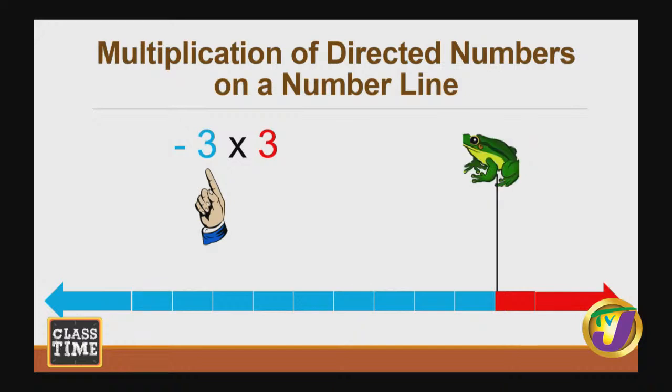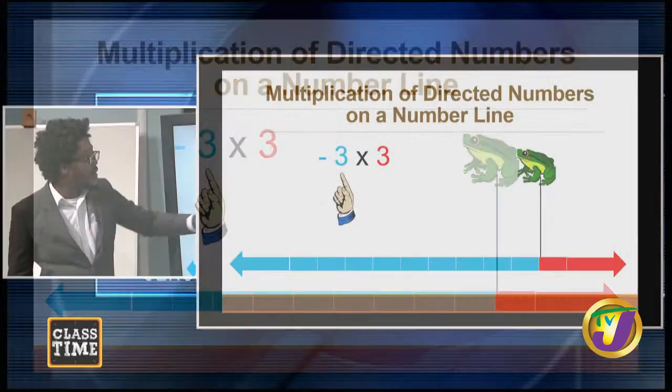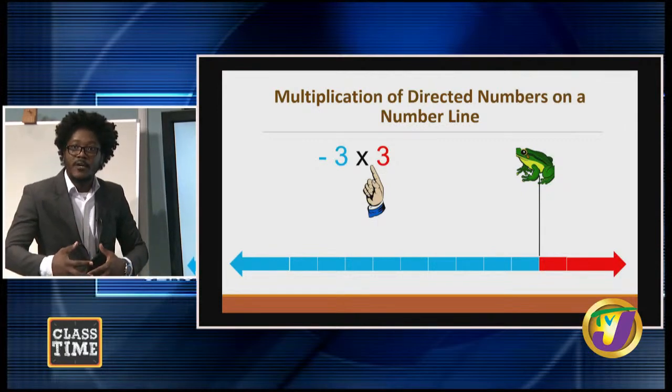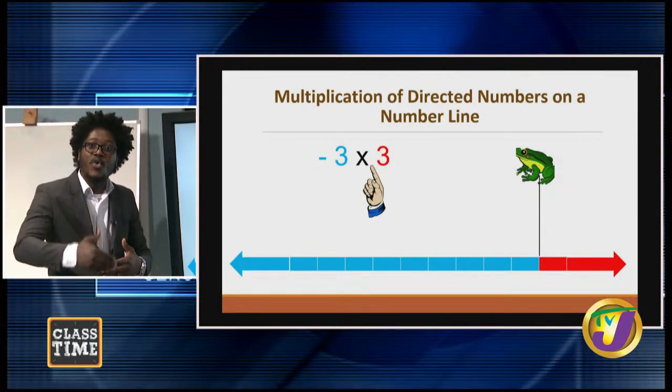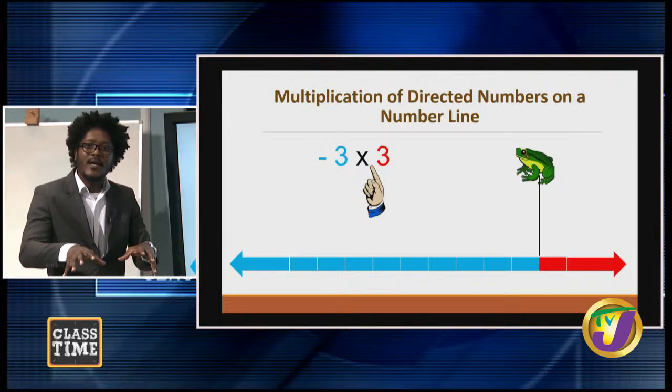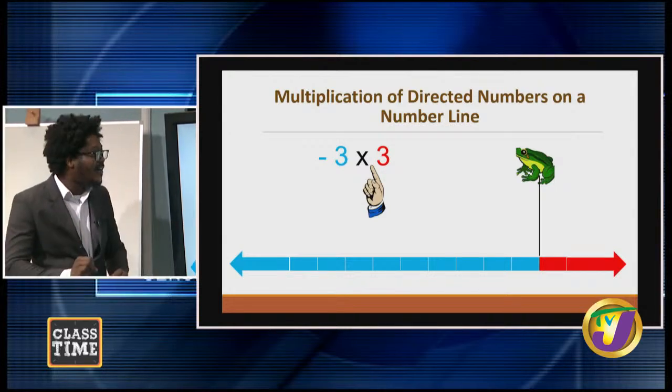Great. Now that Froggy is facing left, we know that Froggy is going to be making 3 jumps. Now, the direction was left. The size is 3 jumps. We're multiplying negative 3 by positive 3. So this positive 3 here is now telling us that each time our Froggy jumps, he's going to clear how many spaces? 3 spaces. All right?